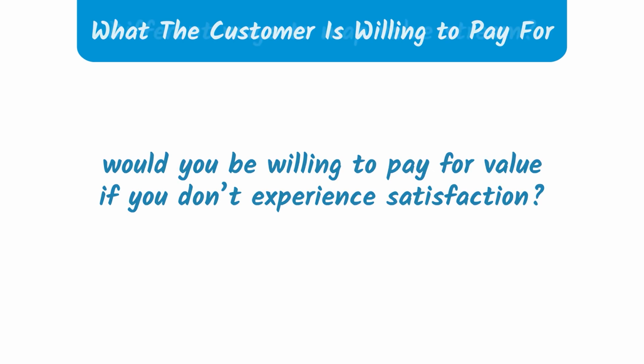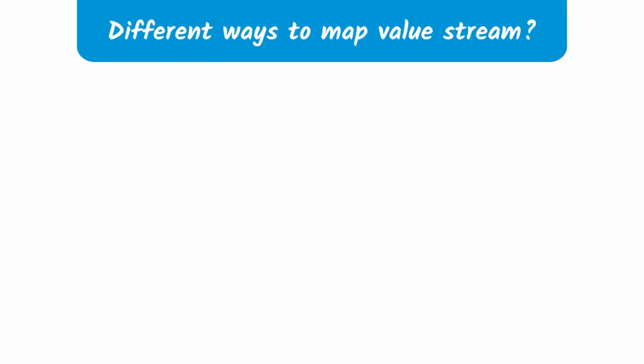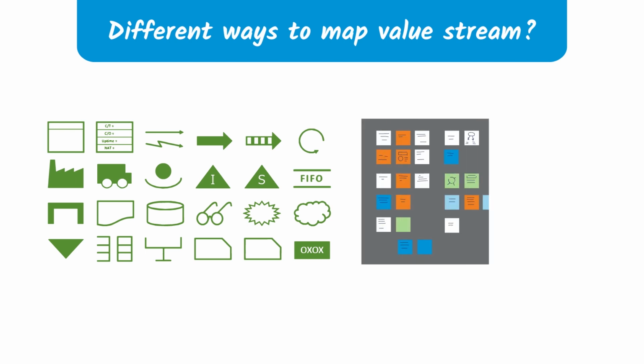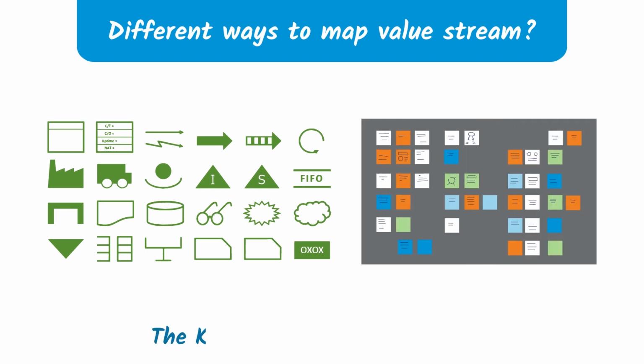Okay, great. Now that we understand what value is, we can go to the actual mapping of the value stream. Caution, you will find many variations out there while mapping. Some use standard symbols, some use sticky notes, and they really stick to it. They're not flexible.